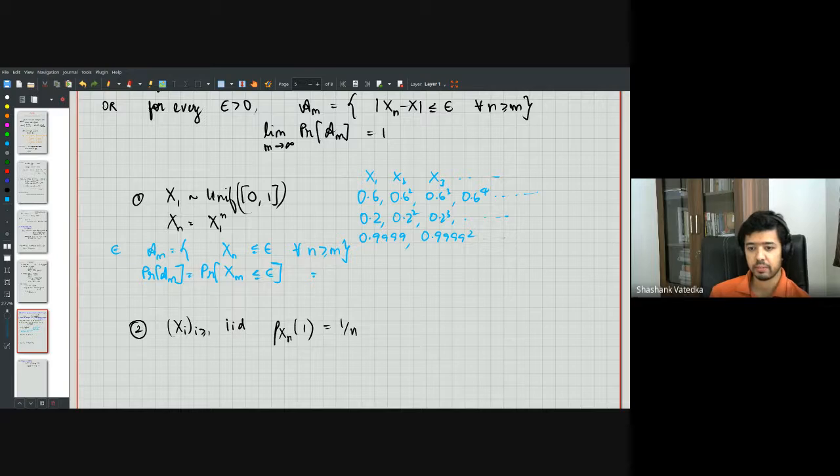Is that clear? All right. So what is the probability that xm is less than or equal to epsilon?